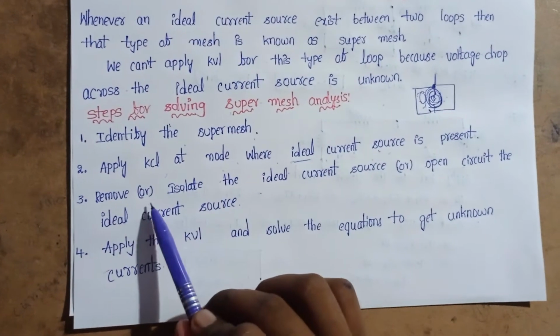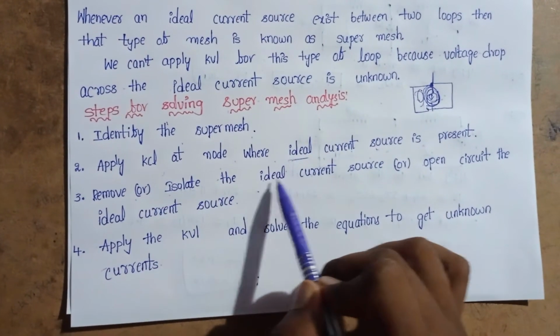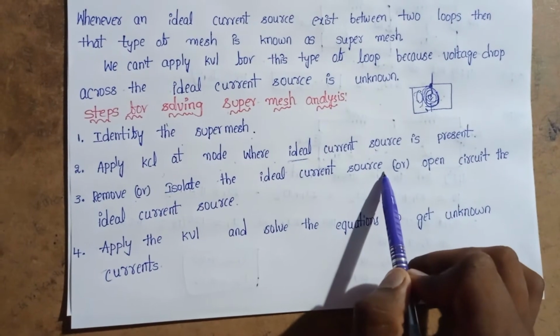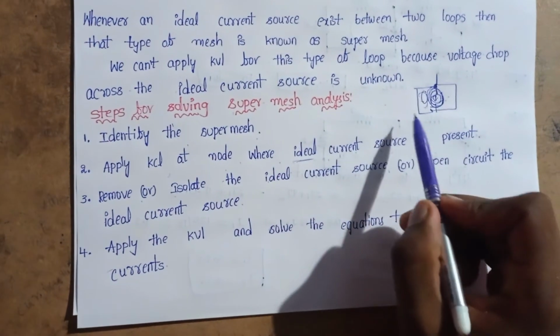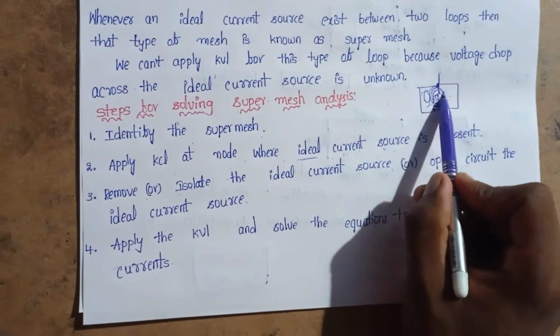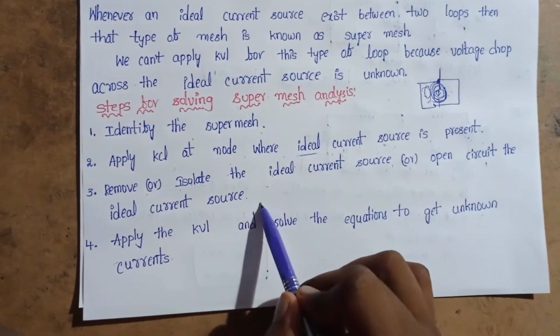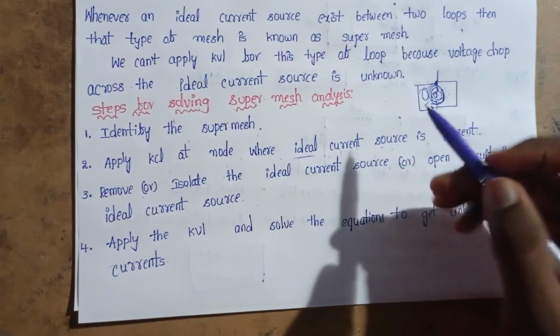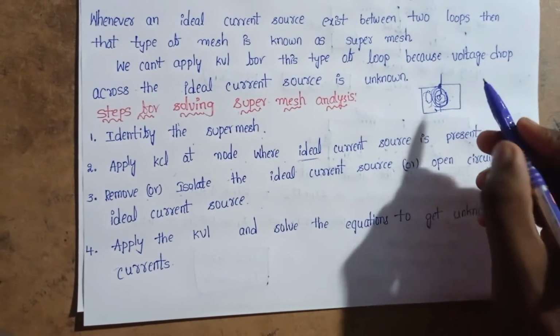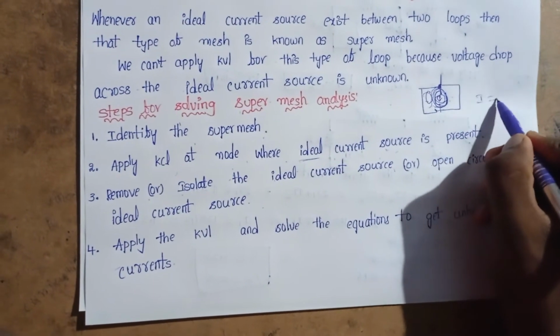In the third point, remove or isolate the ideal current source. We have to remove the ideal current source present between the two loops, or open circuit the ideal current source. Open circuit means remove, and open circuit means the current is zero.